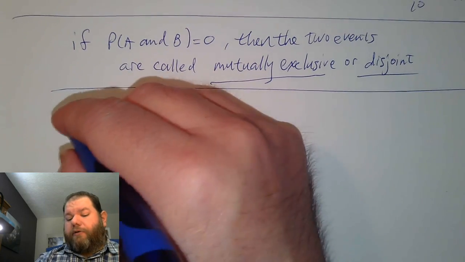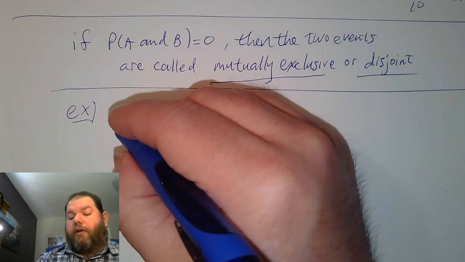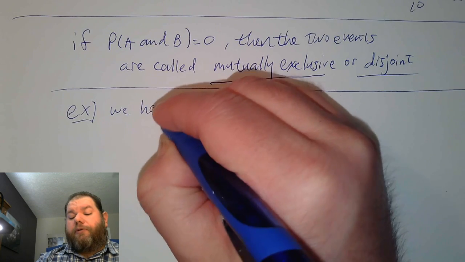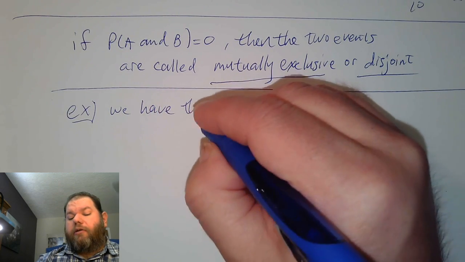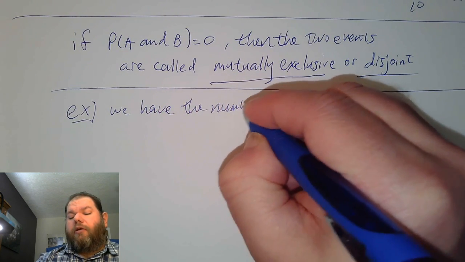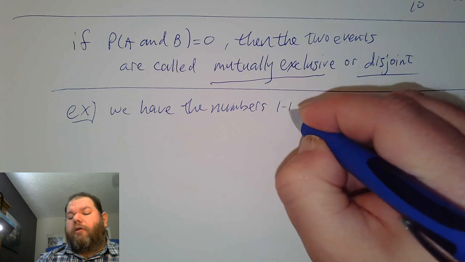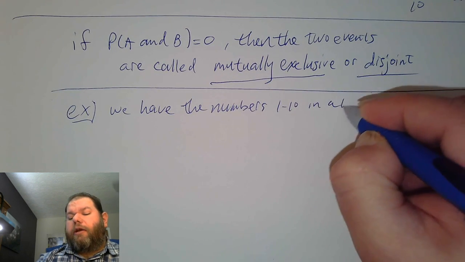So let's look at another example, and here again we have the numbers 1 through 10 in a hat.